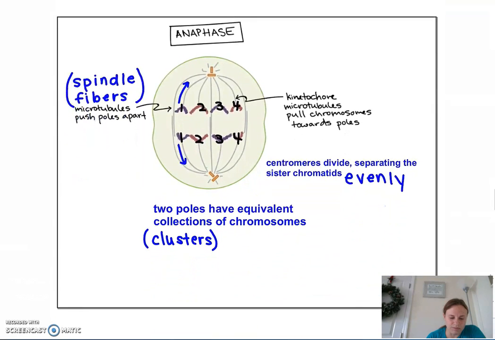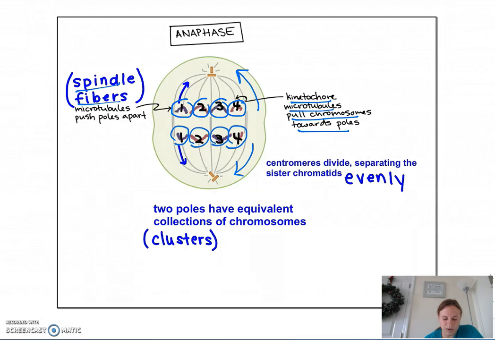In anaphase, our microtubules, also known as our spindle fibers, push the poles apart. And what that does is divide the sister chromatids. So the kinetochore microtubules pull the chromosomes towards the poles. The centromeres divide, separating the sister chromatids evenly. So we still have 1, 2, 3, 4 chromosomes that are going towards this pole, and 1, 2, 3, 4 chromosomes that are headed towards this pole.